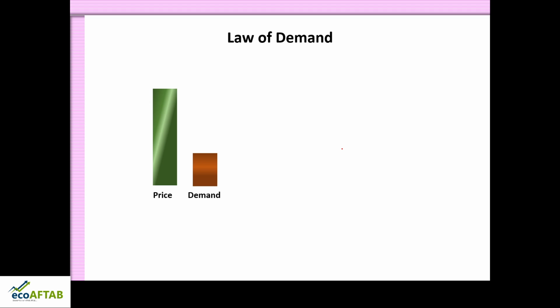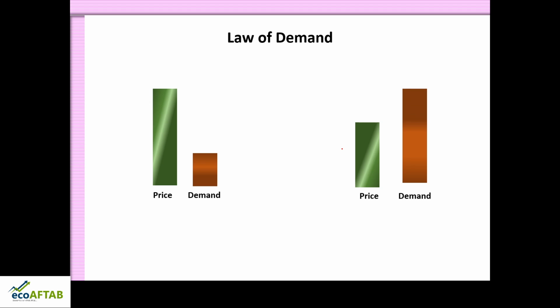Other things remaining constant, if price increases, quantity demanded decreases. Or if the price decreases, quantity demanded will increase. So in this situation you can see we are speaking about law of demand. Now taking this as our base, where we are having other things constant and change in price is leading to change in quantity demanded.